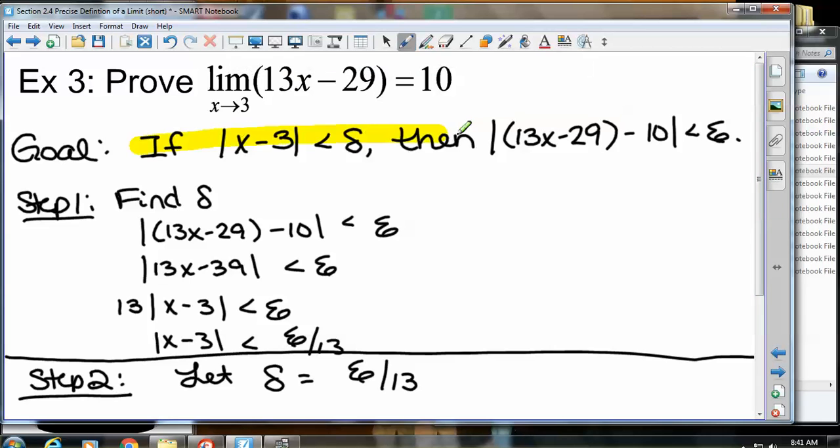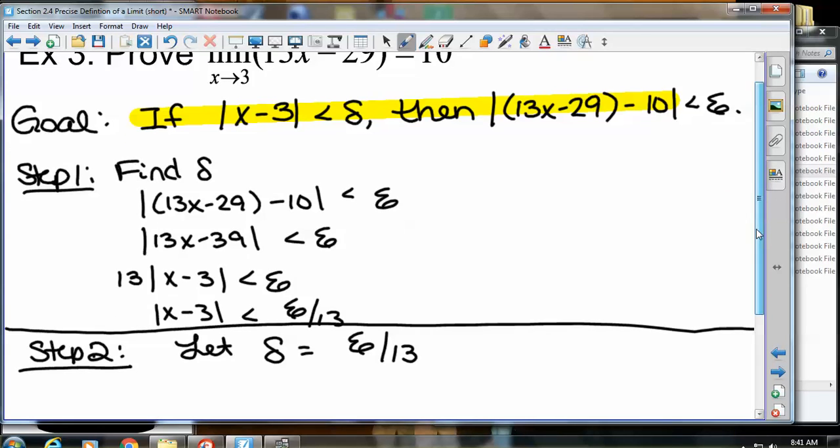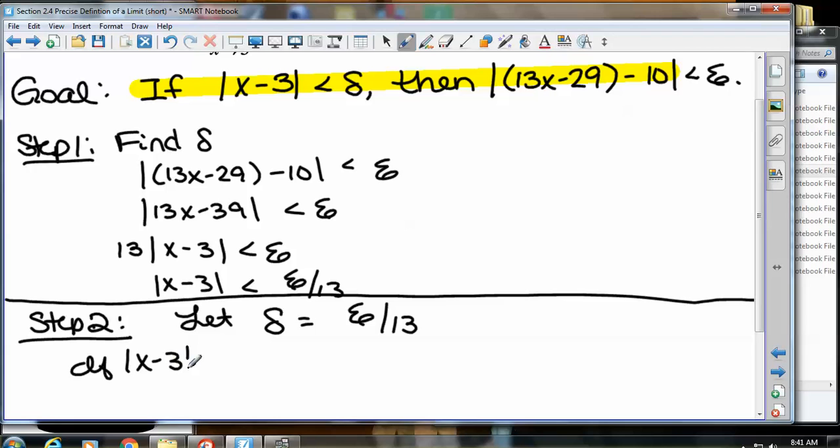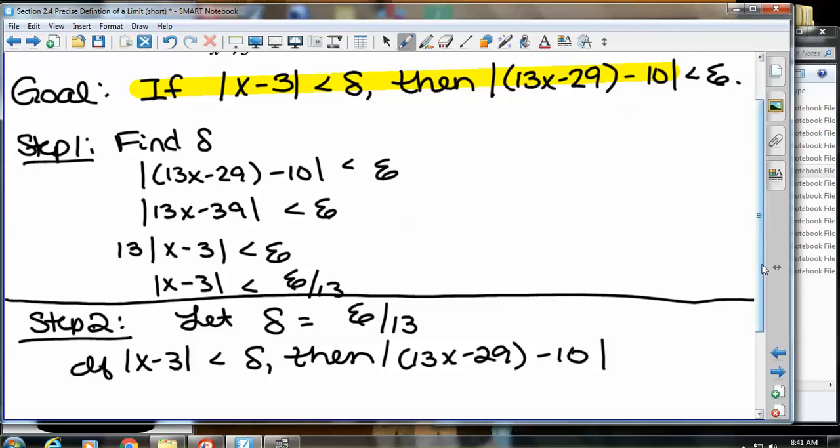So I am going to write this first part, and then I have to work it out and get a less than and an epsilon to be done. If the absolute value of x minus 3 is less than delta, then the absolute value of 13x minus 29 minus 10.